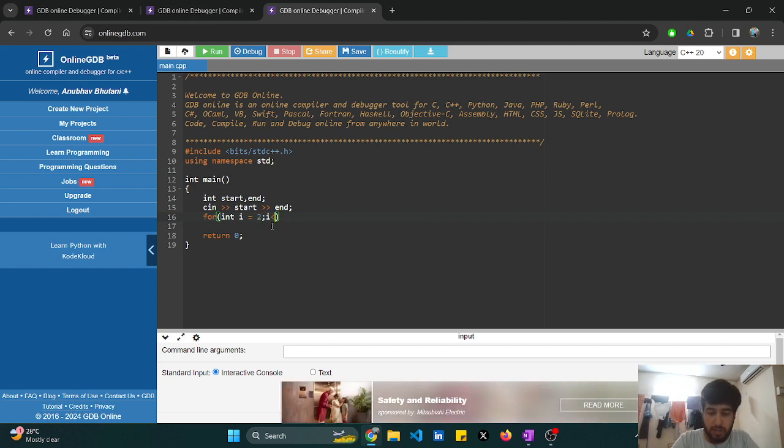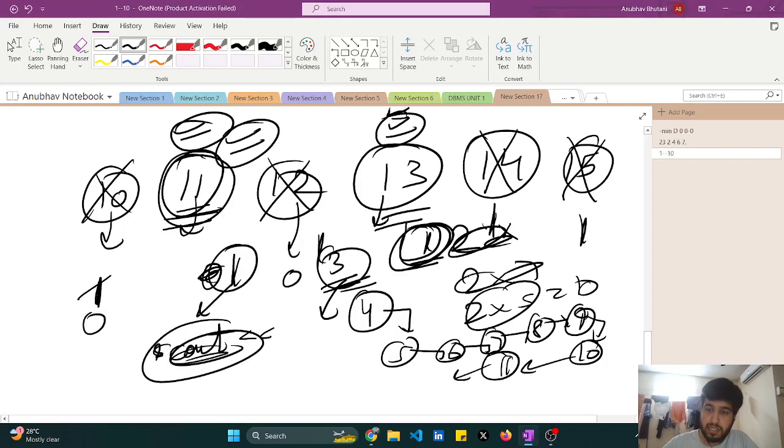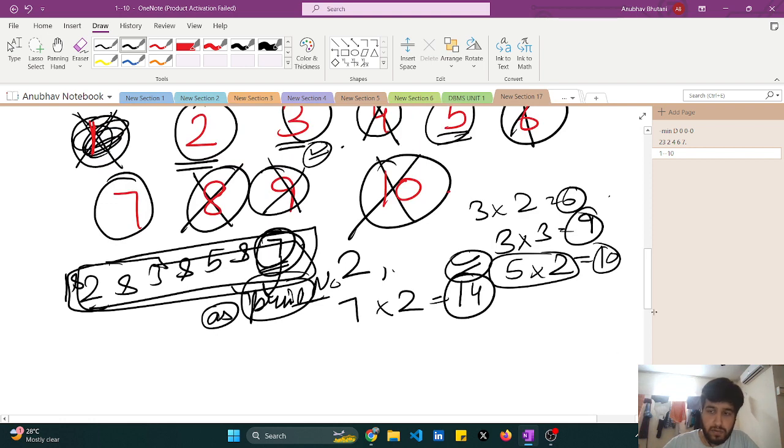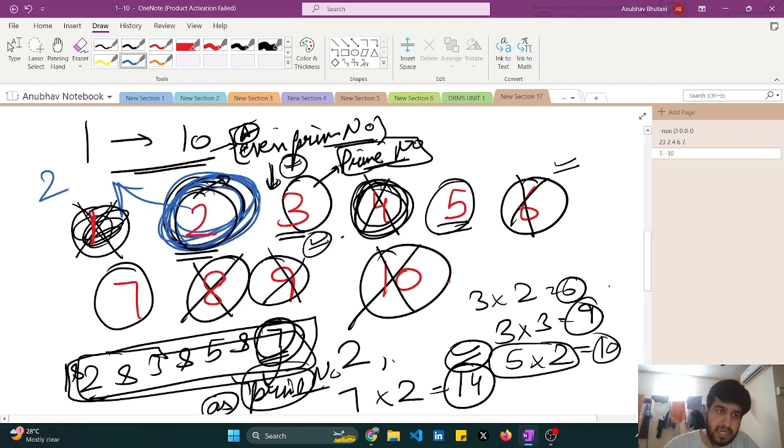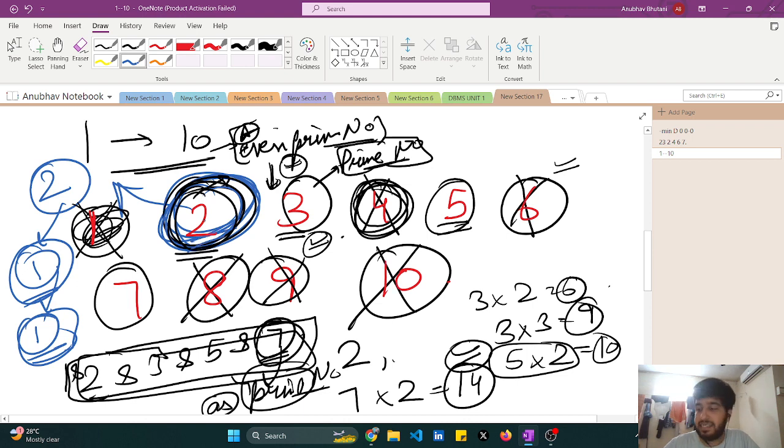I'll go till end, i plus plus, and for every j I will start, because see, for the second element, for 2 I started from 4. I'm not cancelling this 2, because if it had been 1, in this case, that means it is already a prime number.